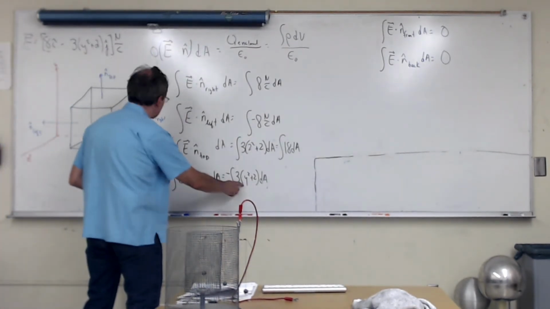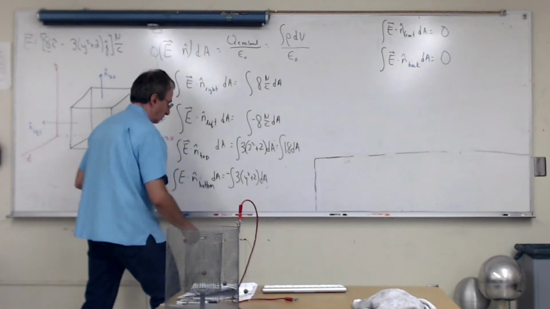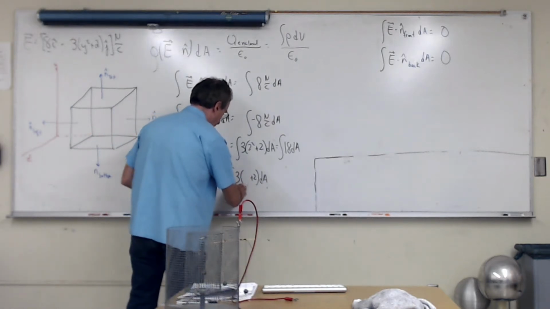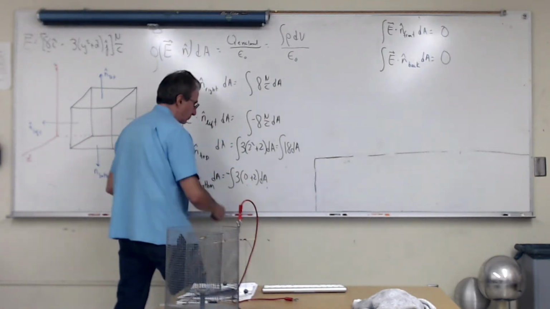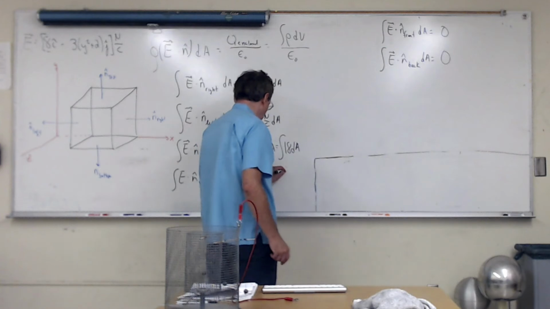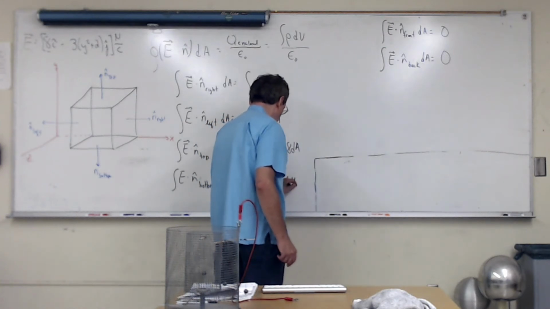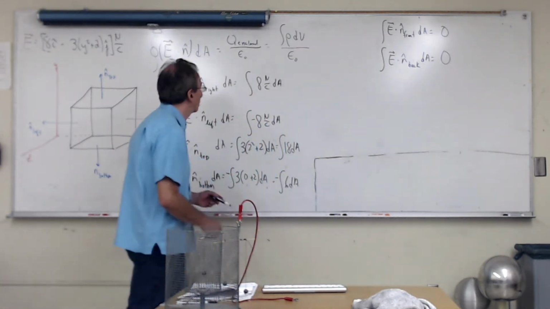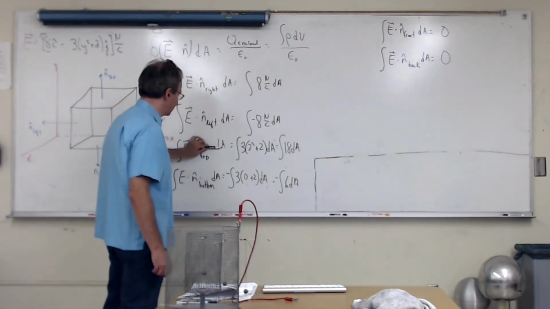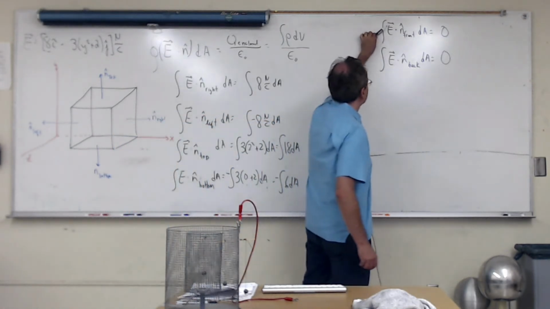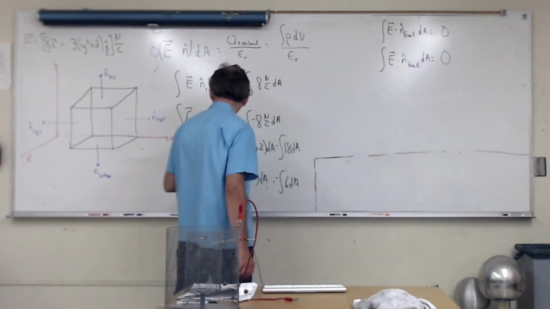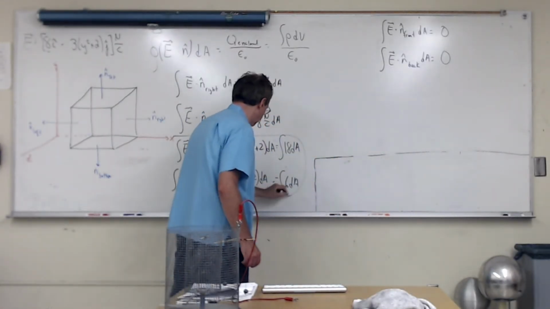Now y is 0 here. So I put 0 here. 3 times 2 is 6. So my integral is going to be this plus this plus this plus this plus that plus that. But the only ones that survive are these two.